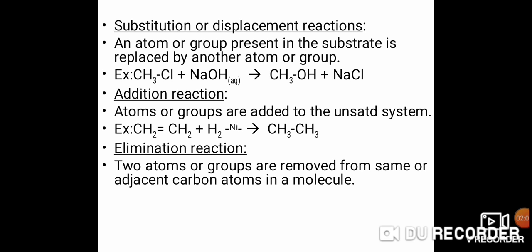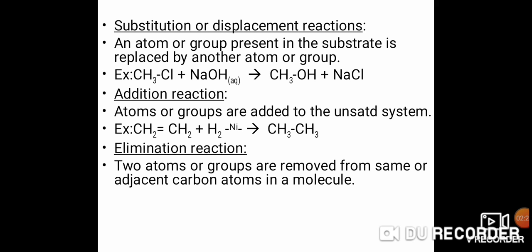In the below example, CH3Cl, that is chloromethane, a hydrocarbon, reacts with sodium hydroxide, and the product we get is methyl alcohol or methanol, CH3OH, plus sodium chloride.